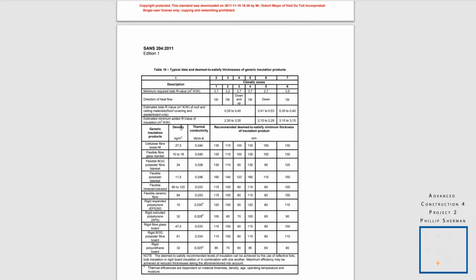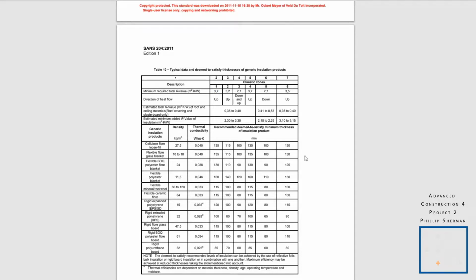Estimated minimum R value of insulation. Okay, so this is my minimum insulation value that I need if I use insulation plus this as roof covering and plaster. So 0.35, 3.35, that plus this will give me 3.7.